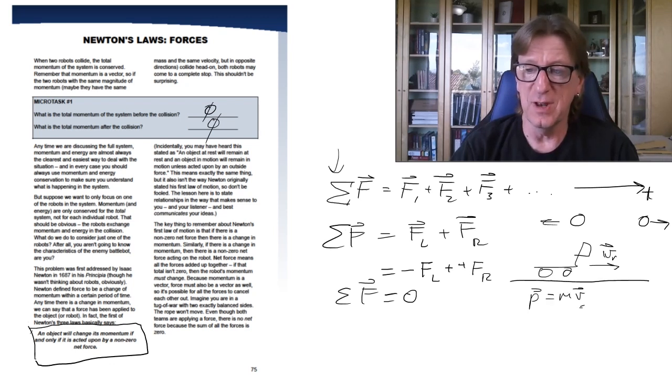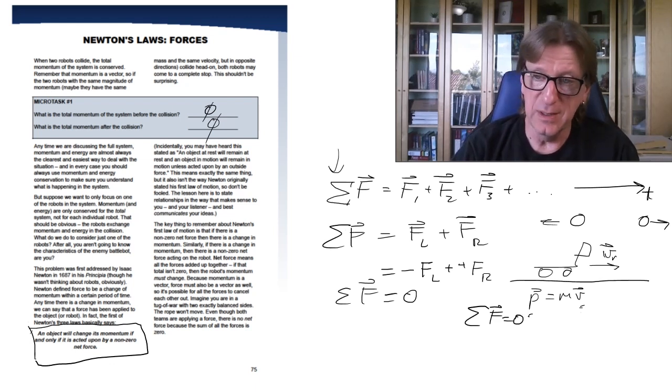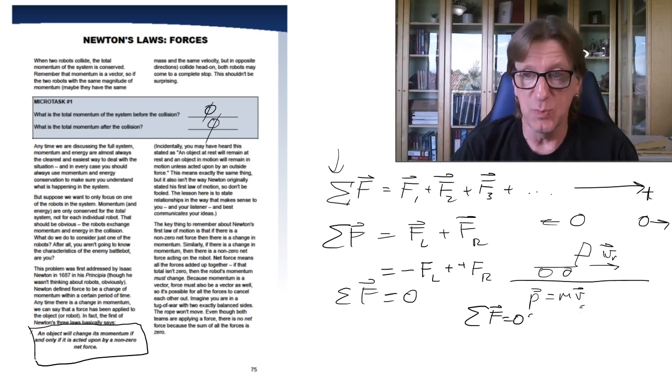If the velocity isn't changing, then the momentum can't be changing either. So here is another example where the net force must be equal to 0. Even though the robot is moving, the net force on it is 0 because its velocity, its momentum, isn't changing. Make sure that you understand this.